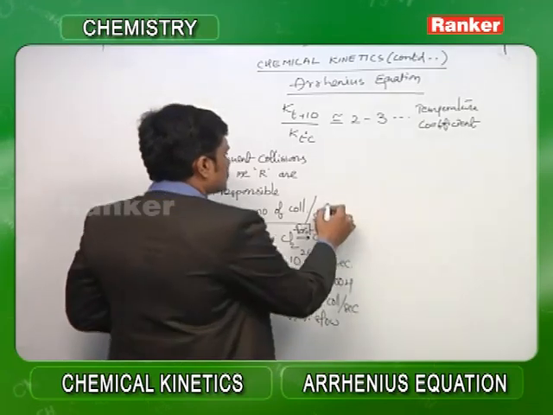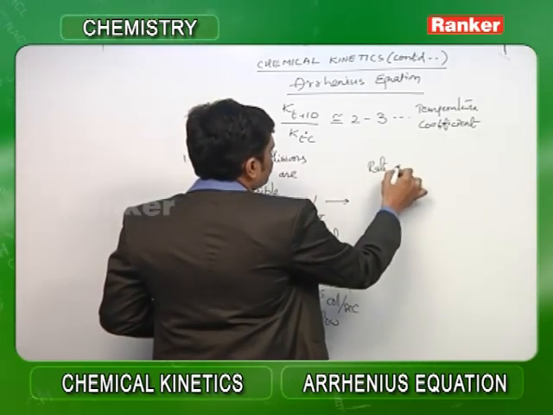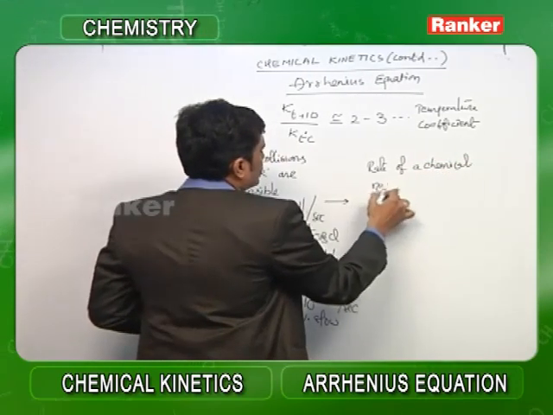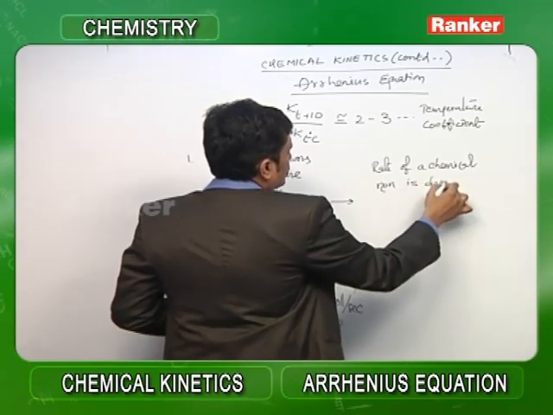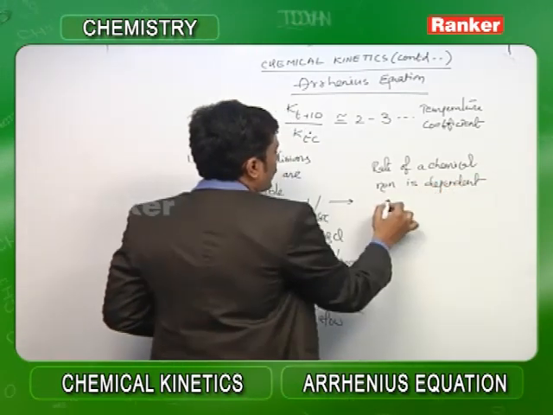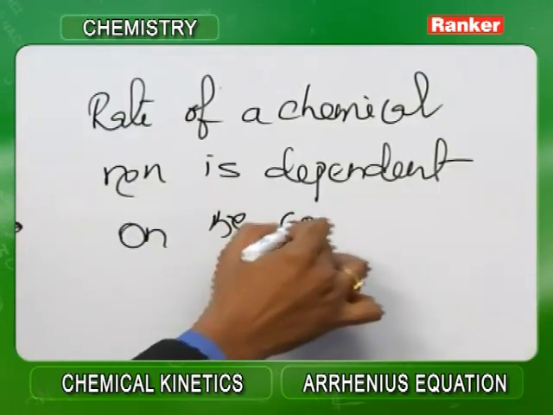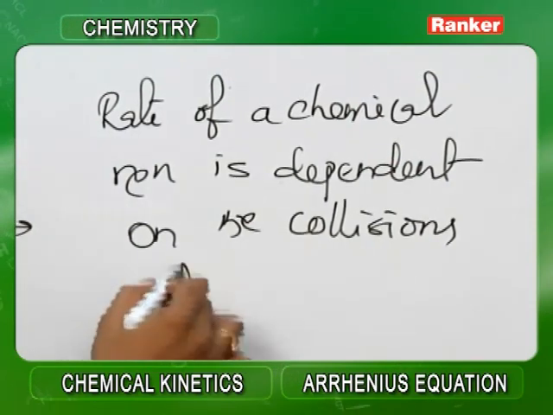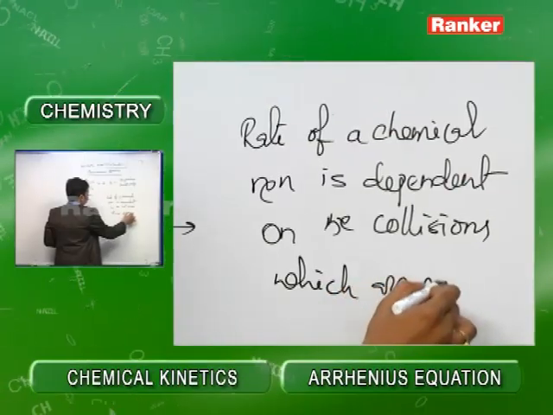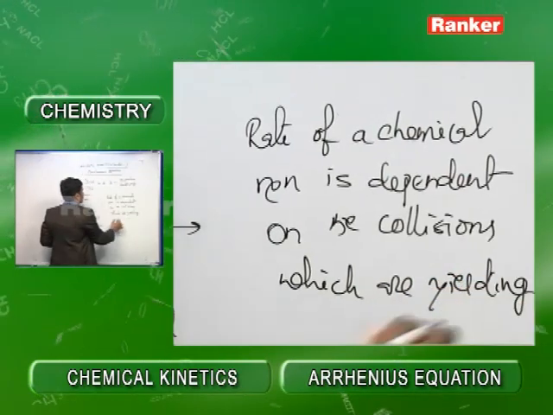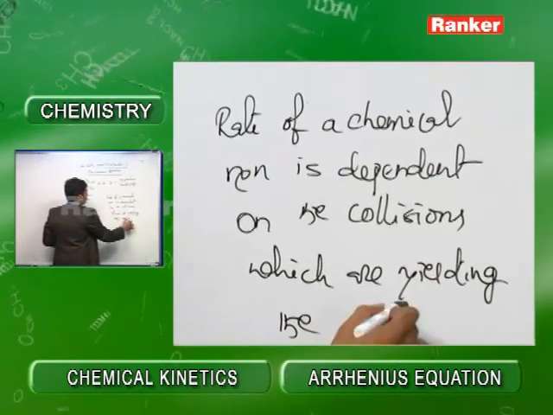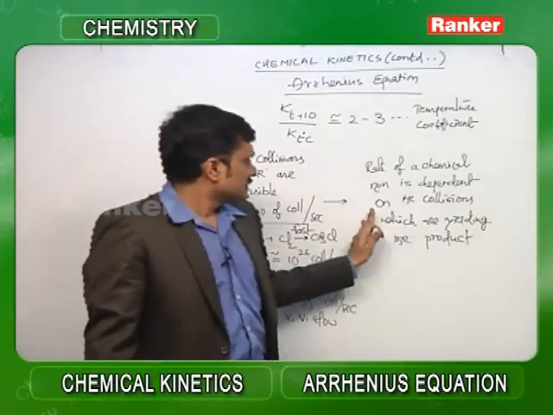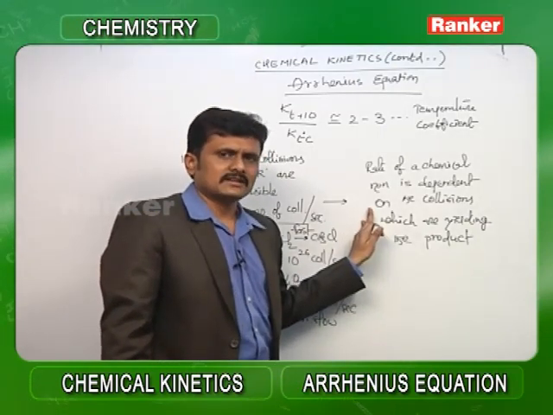Rather, we will say that the rate of a chemical reaction is dependent on the collisions, not the total, only the collisions which are yielding the product. You can make out one point very clearly: these collisions are not elastic collisions.